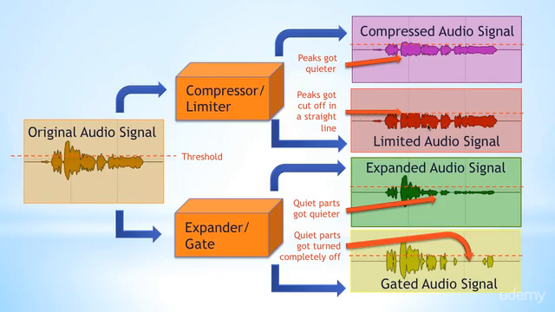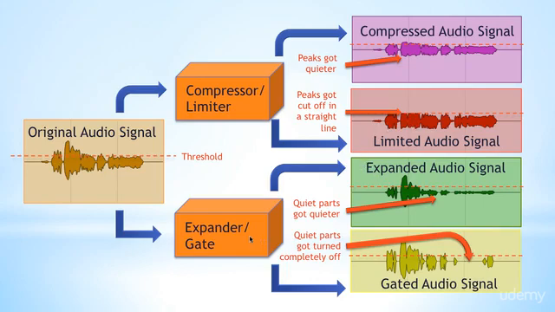Now, the next one here is a limiter. So in the limiter, look at that threshold. Everything just basically got cut off. Well, not so much cut off as stopped. So when peaks tried to go loud, the limiter said, nope, you're getting stopped right here at the threshold. Everything else below it remains untouched.